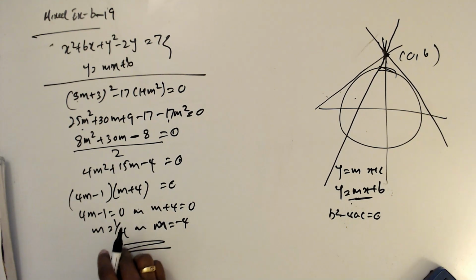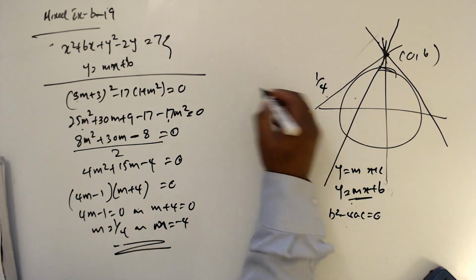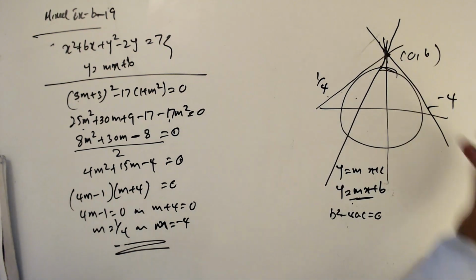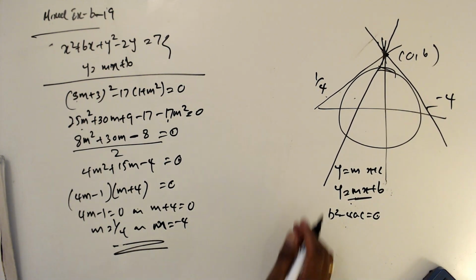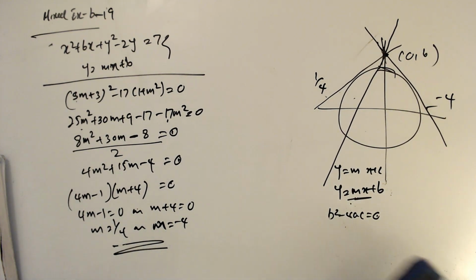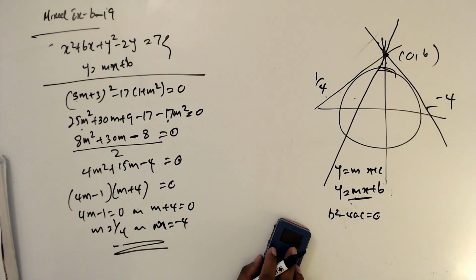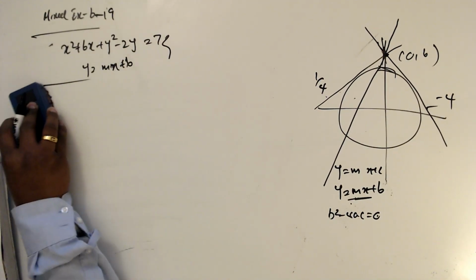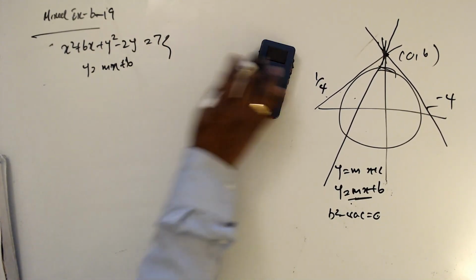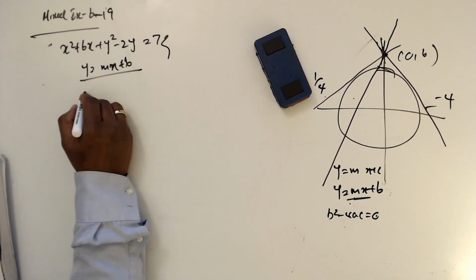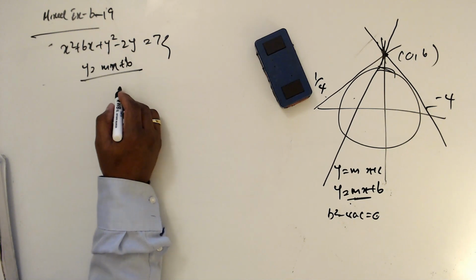Now 1 over 4 means positive gradient. I can see this side. And minus 4 means this has to be this gradient because it is negative. Now I can write the equation of tangent because I know points. This is the question. Next question. Now this is the equation: y equals mx plus 6.